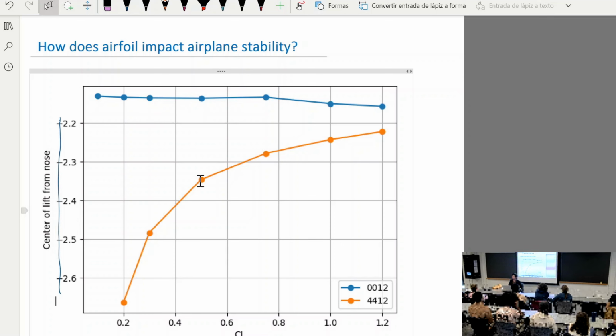And if you hit an upward gust, the center of lift actually shifts towards the nose, which means shifts forward. So your airplane is going to have a moment that pitches the airplane further nose up.